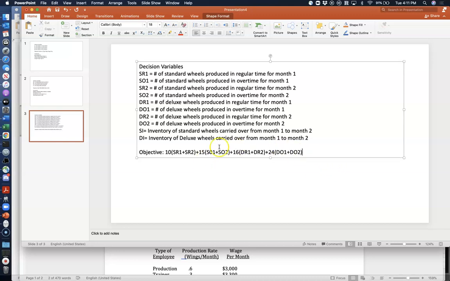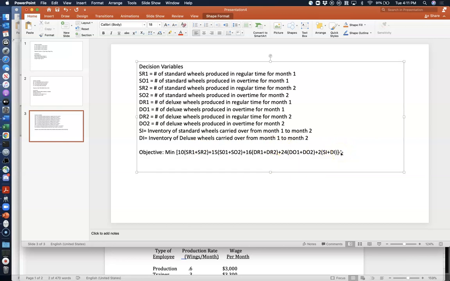So these are the total number of wheels made. This is the cost of manufacturing those wheels, plus $2 times the total inventory that is carried over, which is SI plus DI. Right? So that's the total cost, and you want to minimize this total cost. And that's the objective: cost of manufacture plus cost of inventory carryover.